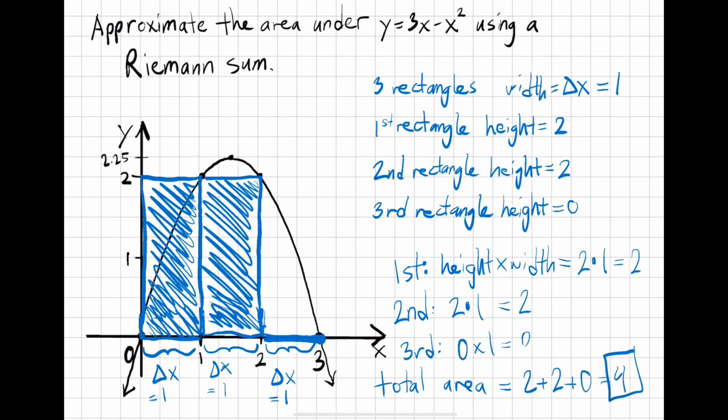So it seems like overall there is more area missing from our estimate than there is excess. So our estimate is probably a bit of an underestimate. The parabola has an area a bit more than 4. And of course we already know this because we did find the exact area, which is 4.5.